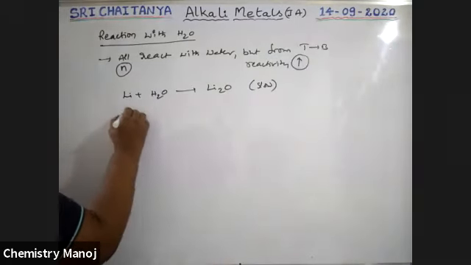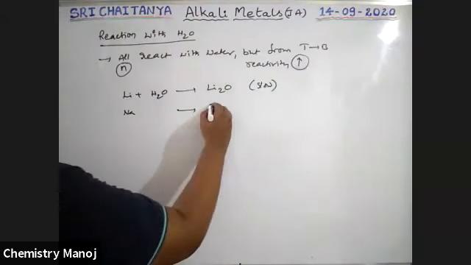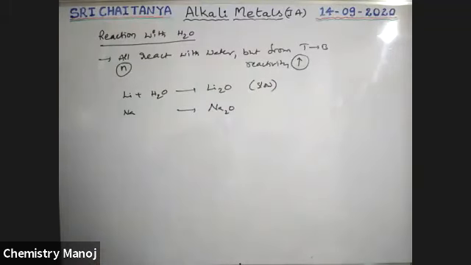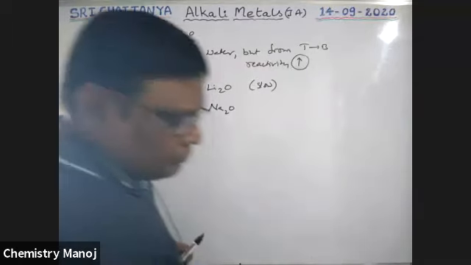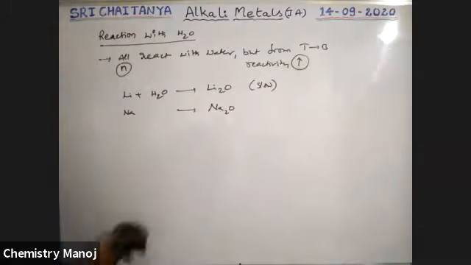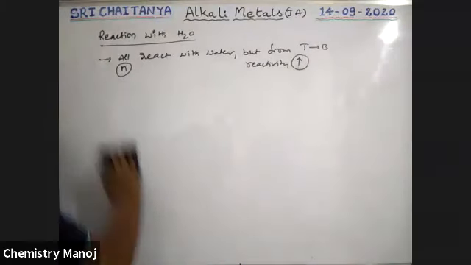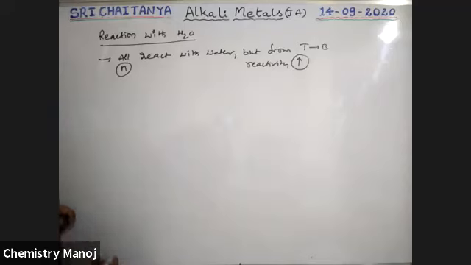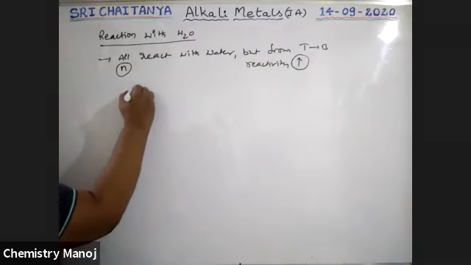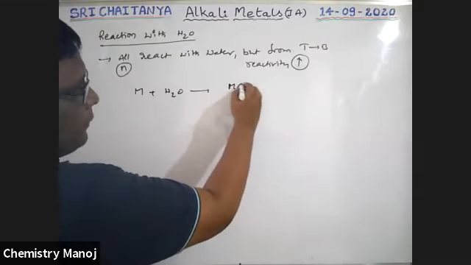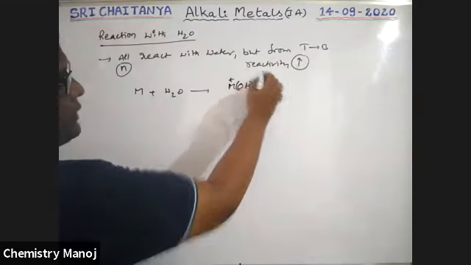Next, when sodium reacts with water, that gives sodium oxide, Na2O. Just a minute, boys. It is not like that. Just a minute. When our metal reacts with water, it gives the respective metal hydroxide, M plus and OH minus.